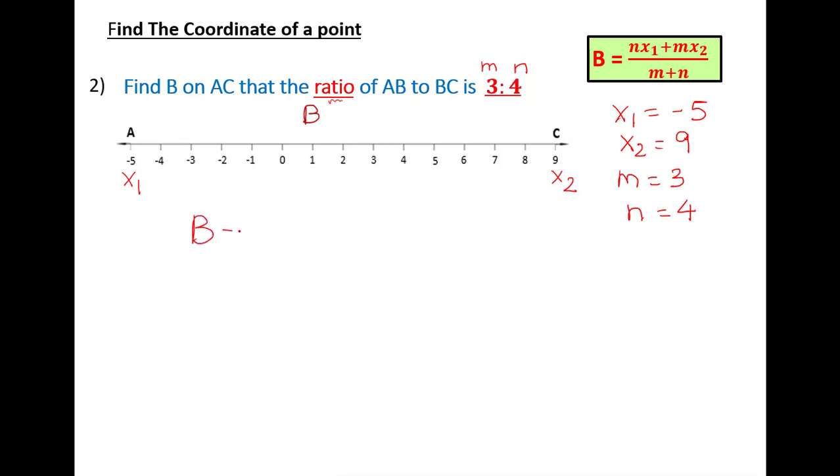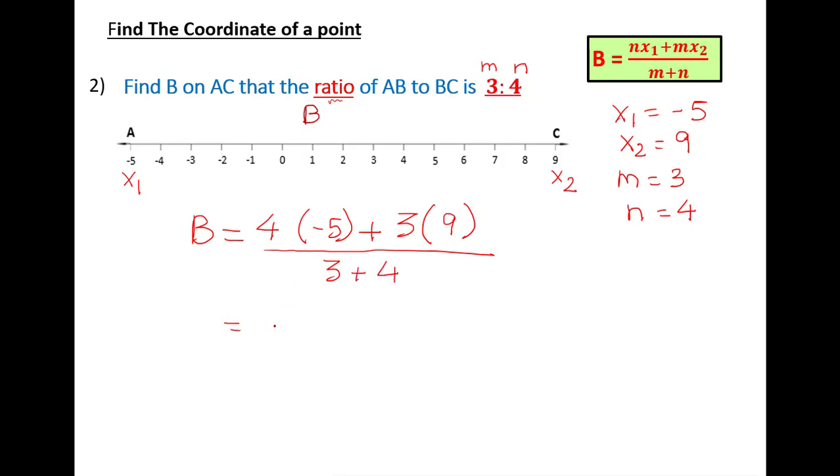B equals n, which is the second one, 4, multiplied by x1, which is the first x, negative 5, plus m, which is the first one, 3, multiplied by x2, which is 9, over m plus n, which is 3 plus 4.